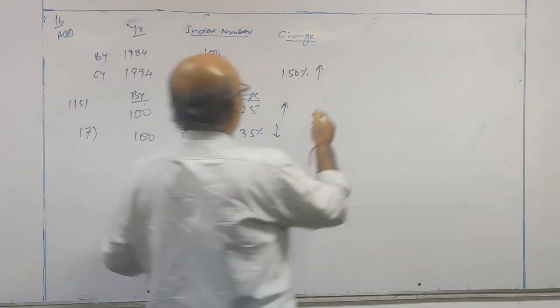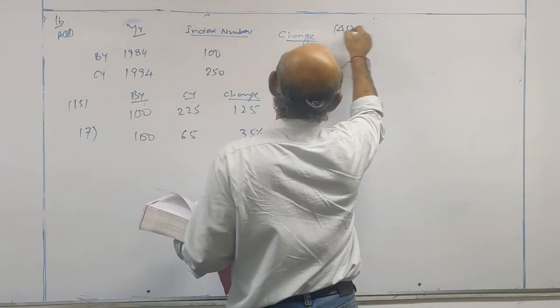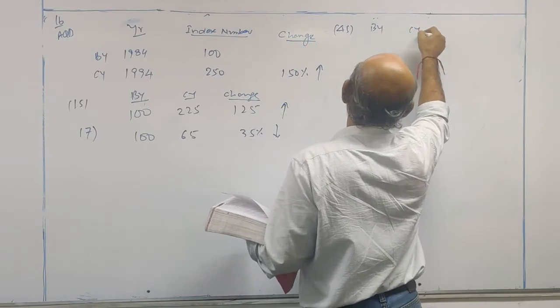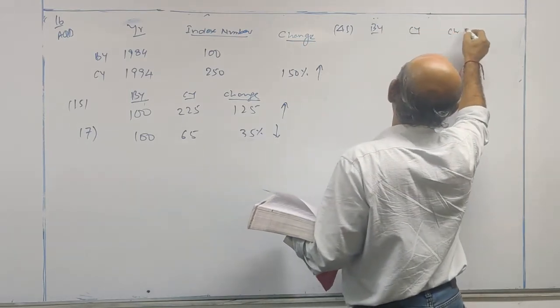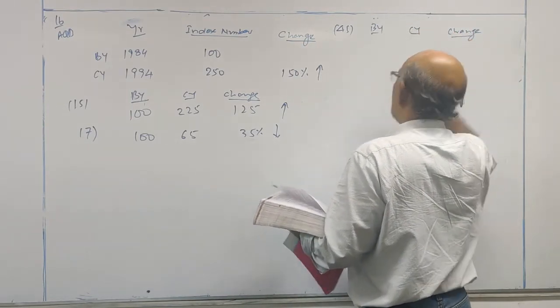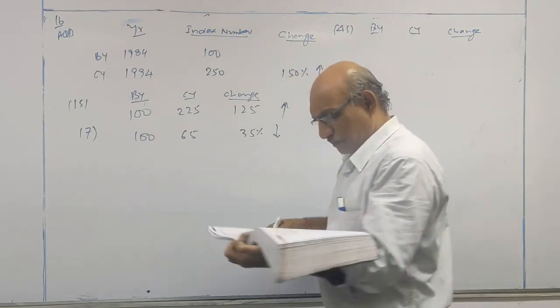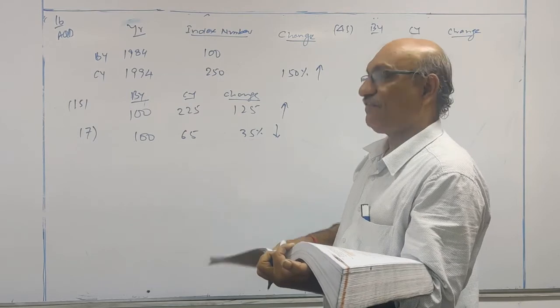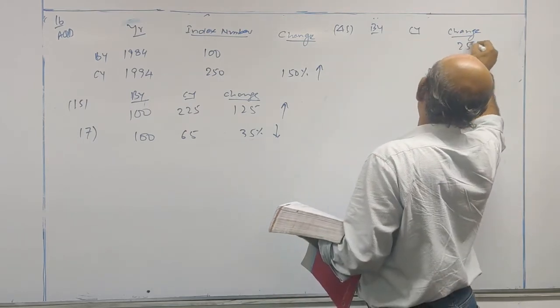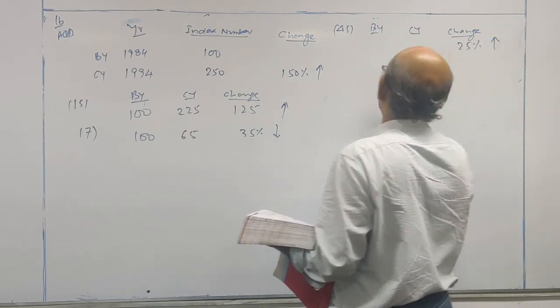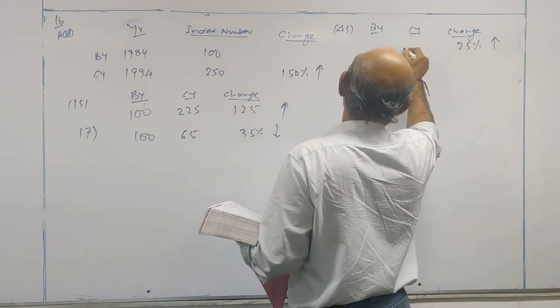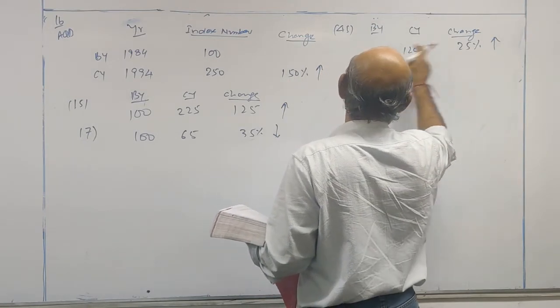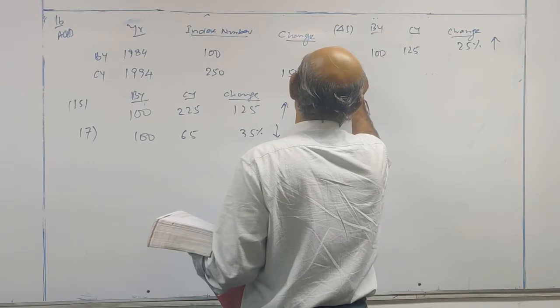Look at question number 45. Base year, current year, change. The price level of a country in a certain year has increased 25%. Change is given, 25% upward trend. Base year is 100, so this is 125. Just add these two values.